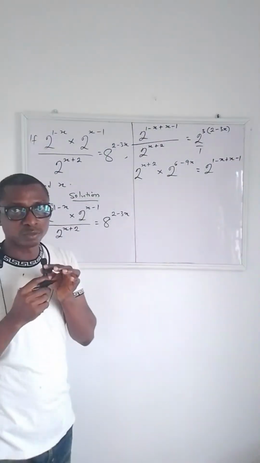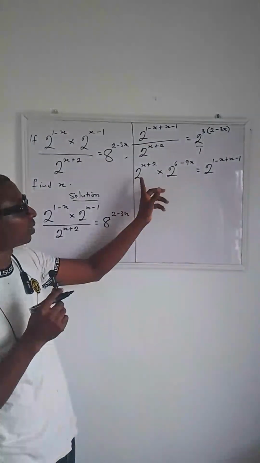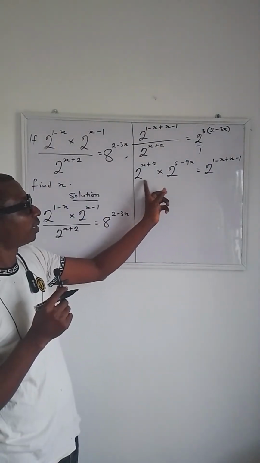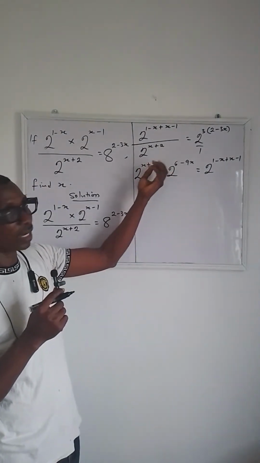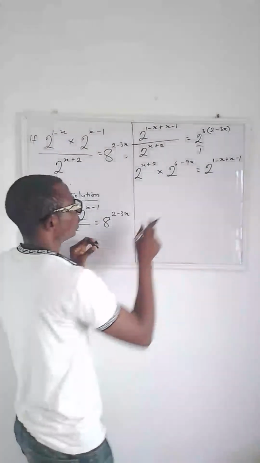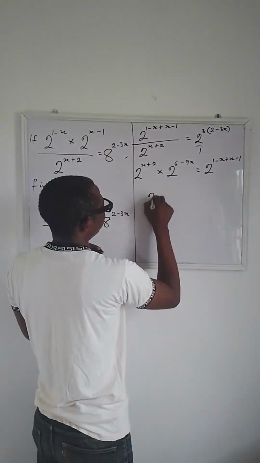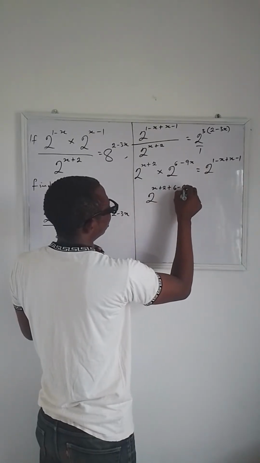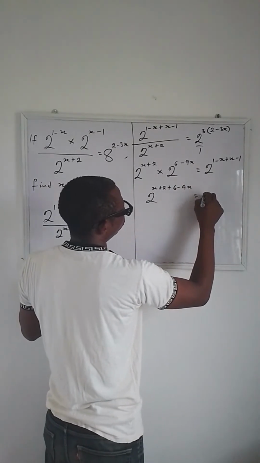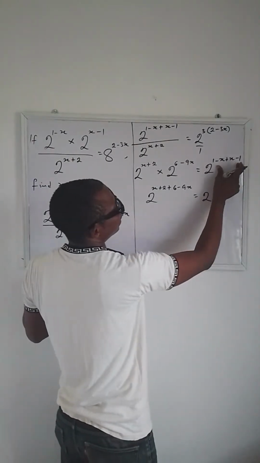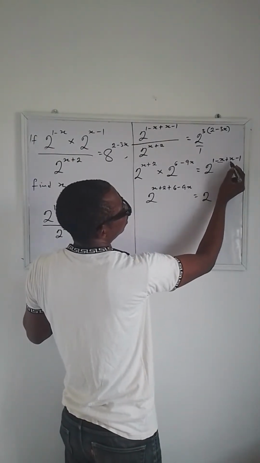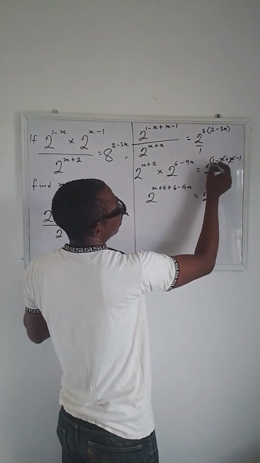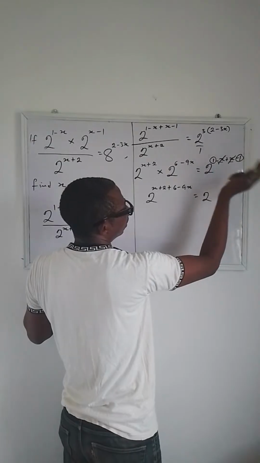All right. Now, when you look at this equation carefully, apply law of indices here. The bases are the same, so you can add the powers. So now the left hand side turns to 2 raised to the power of x plus 2 plus 6 minus 9x equals to 2 raised to the power of, now let's tidy this one up, minus x plus x cancels, plus 1 minus 1 cancels out.